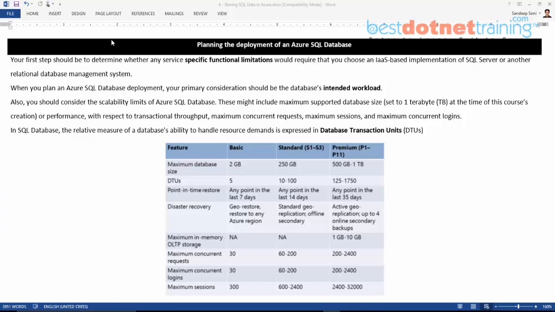But once we have planned for Azure database, there are multiple pricing tiers available. Which one is the most appropriate is also a very important decision, because there is a huge difference in terms of their pricing.